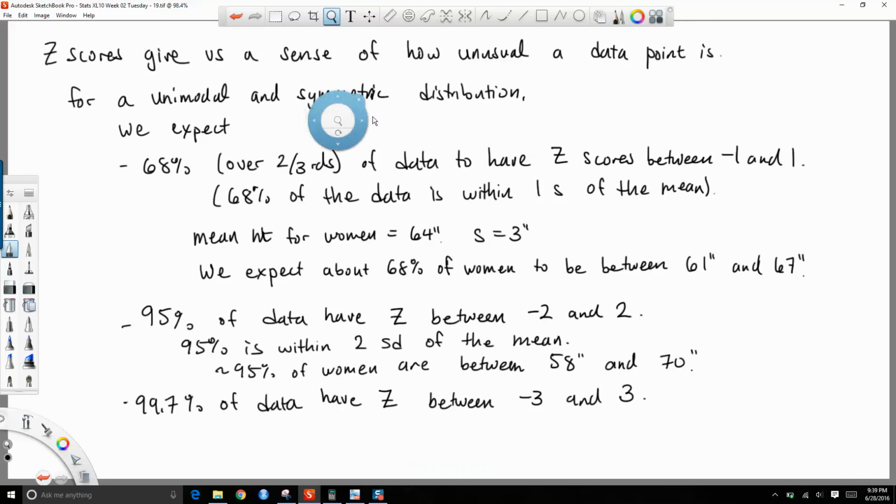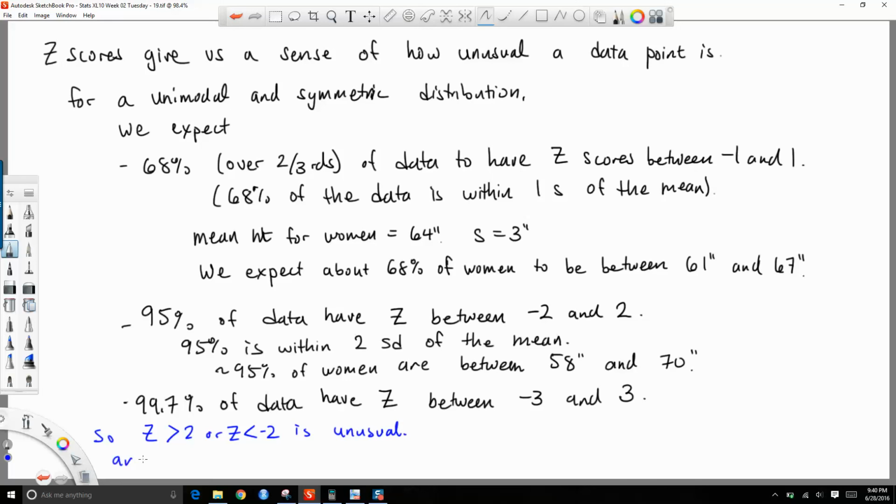This means if a z-score is more than 2 units away from 0, so if z is greater than 2 or less than -2, it's unusual. So z greater than 2 or less than -2 is unusual.